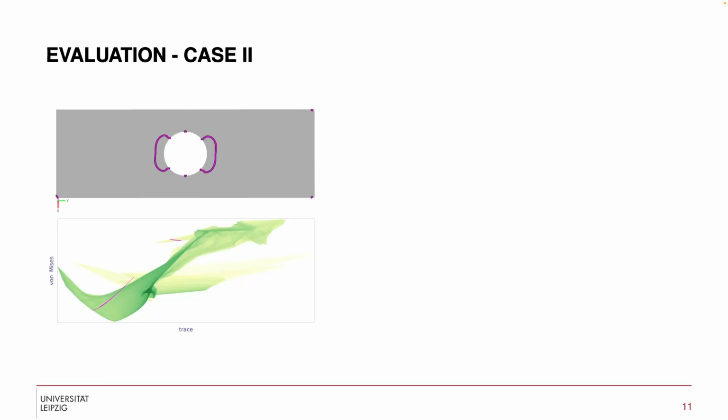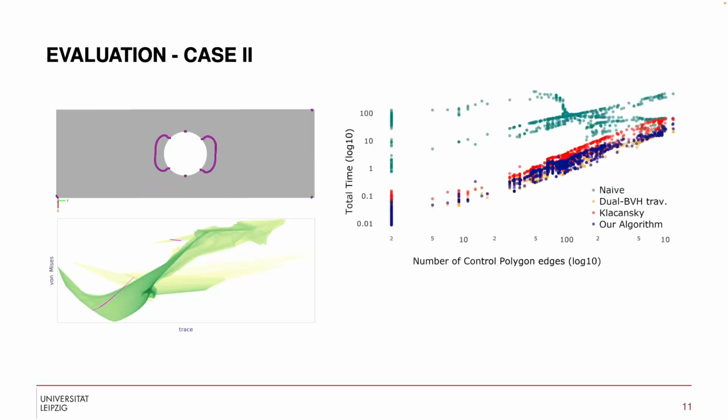In the lower figure, you can see the codomain with the pink isoline as control polygon, and in the upper figure you can see the resulting fiber line in purple in the domain. In the plot on the right side, you can see that our algorithm is faster in comparison with the other algorithms, especially in comparison with the naive algorithm in ParaView.